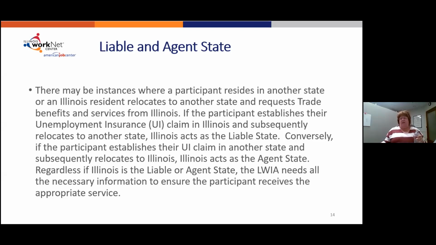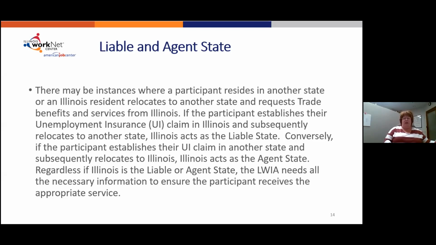Whatever state is responsible for paying the unemployment insurance claim is what we call the liable state. If someone seeks services at a state outside of the liable state, then that state would be acting as the agent state. Both states need to work together to make sure that person receives the benefits they are eligible for under trade.